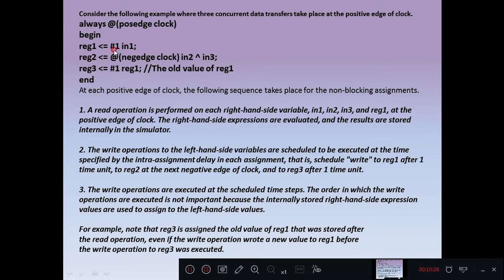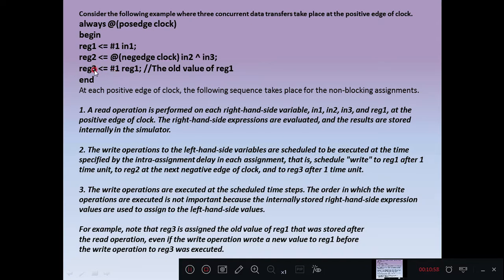You can observe the delay is mentioned on the right hand side of the expression. So expression evaluation and the values that need to be assigned are computed at the same time here, but the assignment is delayed by the delay mentioned here. So suppose IN1 value is 0, that is scheduled to assign after 1 time unit. Register 1's previous value is scheduled to assign to register 3 after 1 time unit.